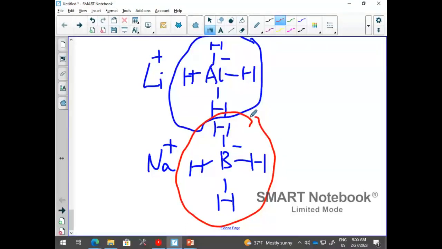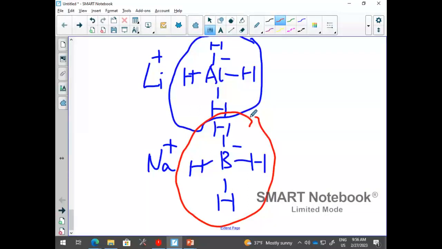And can we guess which one has a greater reduction power? Well, both are negatively charged, right? Which one has a greater reduction power? Aluminum sits below boron, so aluminum should be less electronegative than boron, right? Just a general periodic rule.